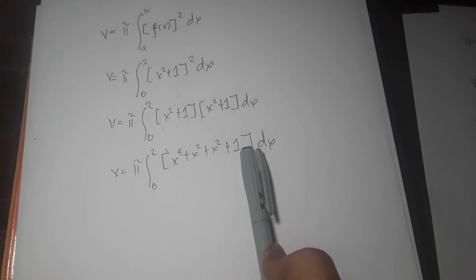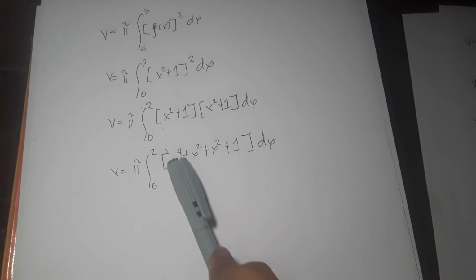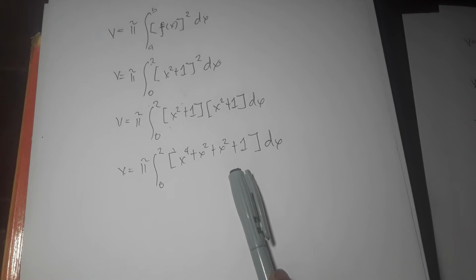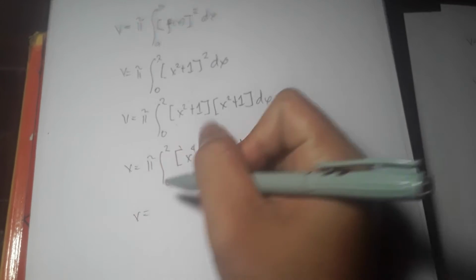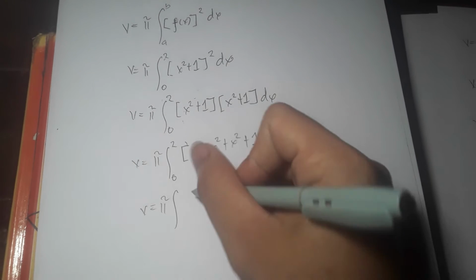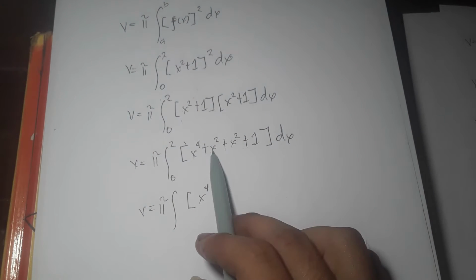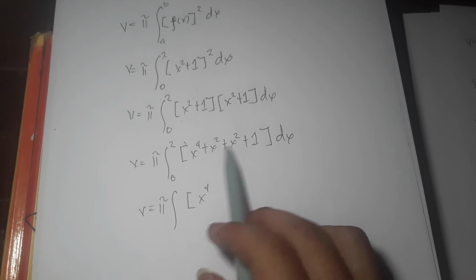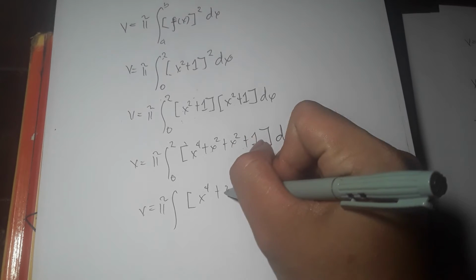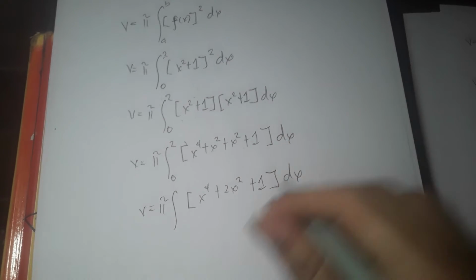For now, let's combine the like terms of our integrand. If we have like terms, we combine by adding. So V equals pi times the integral of x to the fourth, and x squared plus x squared we add, so this would be plus 2x squared, and then plus 1 dx.